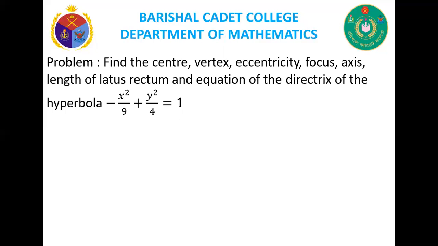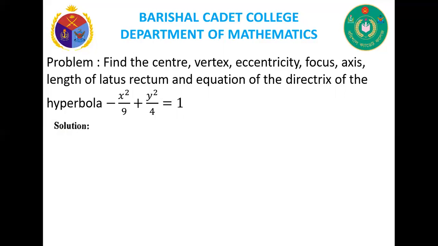We have to find the coordinates of the center, the coordinates of the vertex, eccentricity, coordinates of the focus, equation of the axis, length of the latus rectum, and equation of the directrix of the hyperbola minus x square divided by 9 plus y square divided by 4 equal to 1.